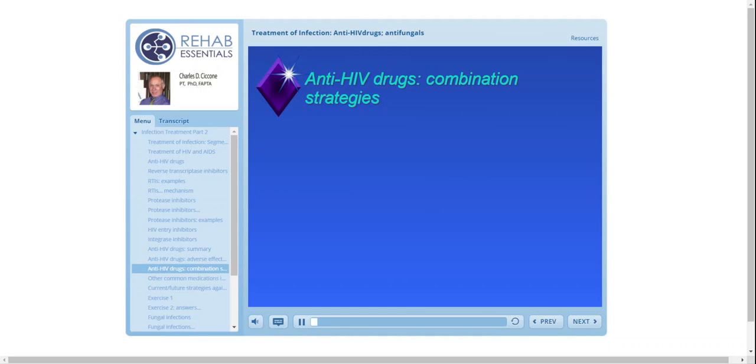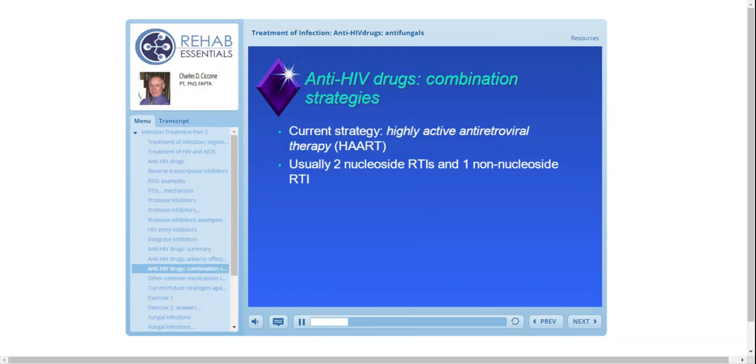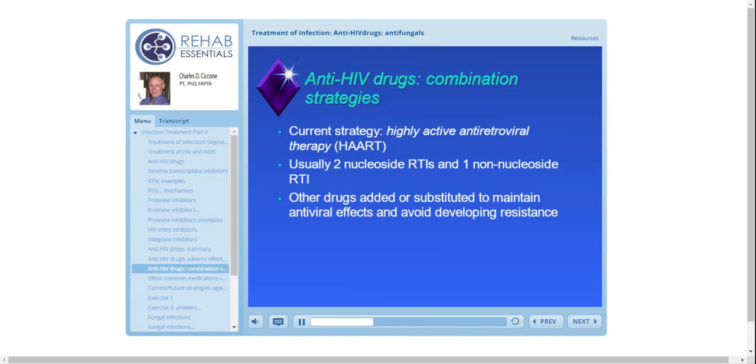So that's what this is referring to here, the combination strategies, or what we often talk about as a cocktail effect. Another term for it is highly active antiretroviral therapy, HAART. And it can involve many combinations. Sometimes it's 2 nucleoside RTIs and 1 non-nucleoside, but this is highly variable depending on the patient, their needs, and so forth.